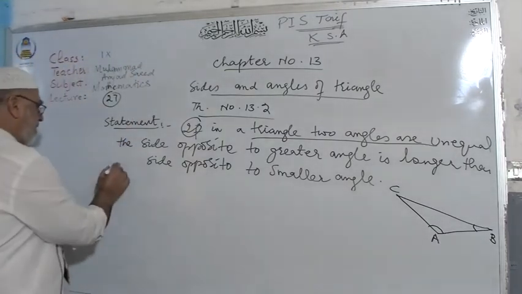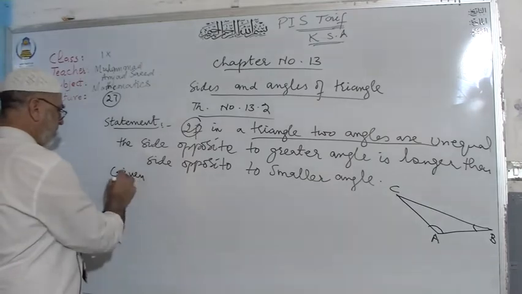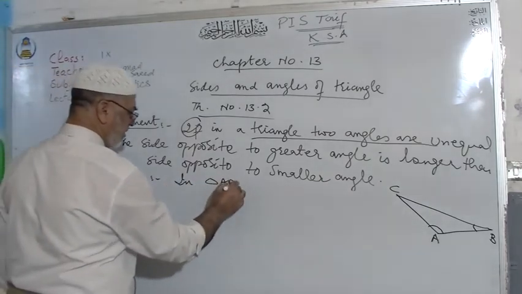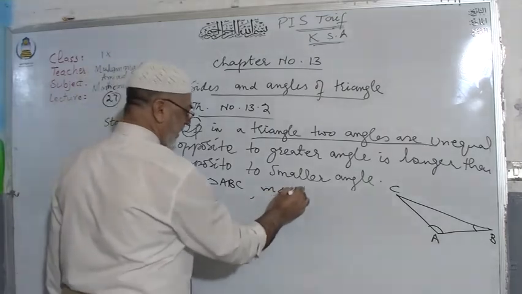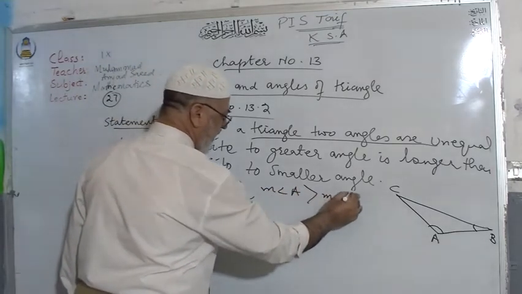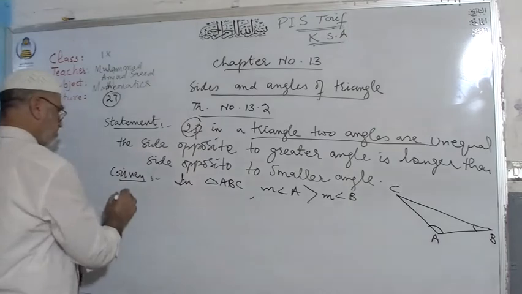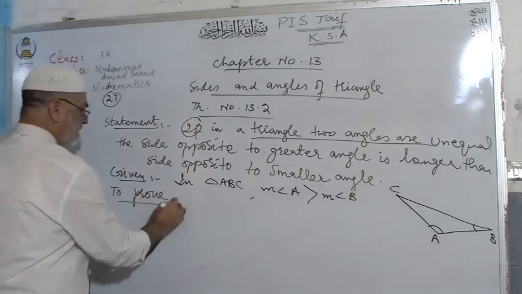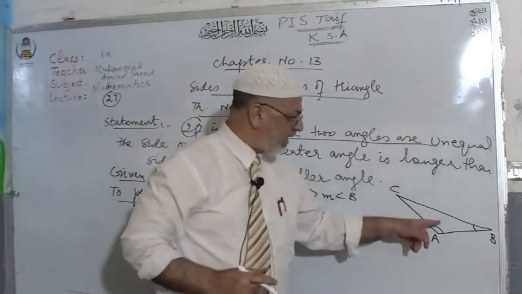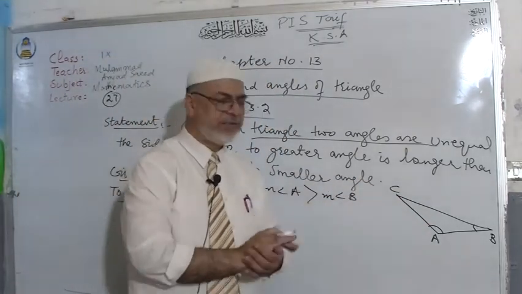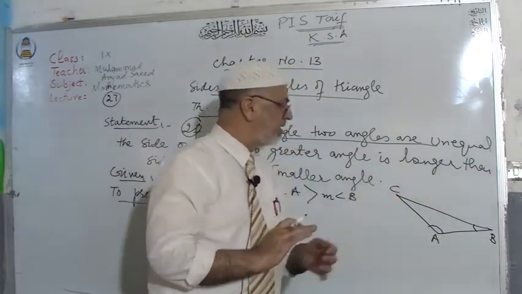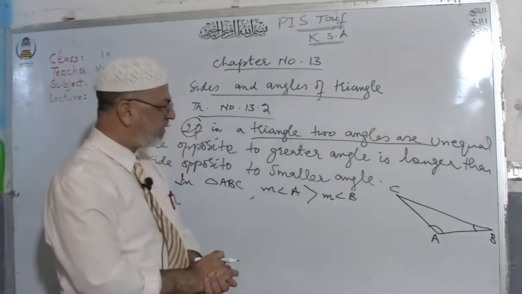So, what is given? In triangle ABC, angle A is greater than angle B. And to prove is, the side opposite to the greater angle is longer and the side opposite to the smaller angle is shorter.